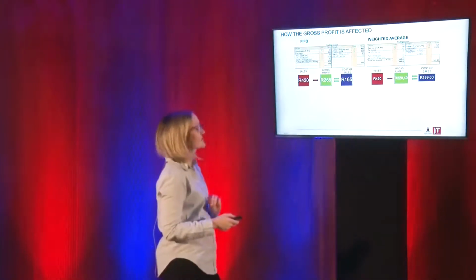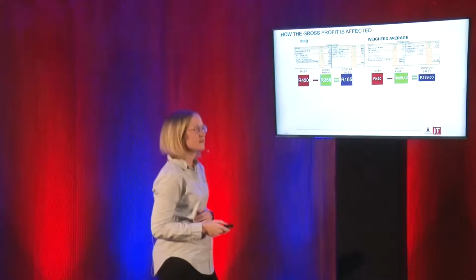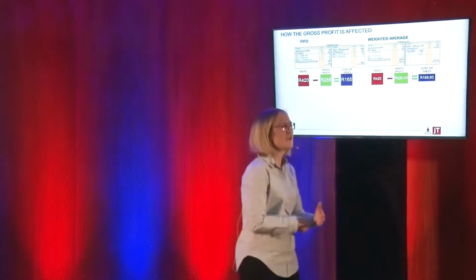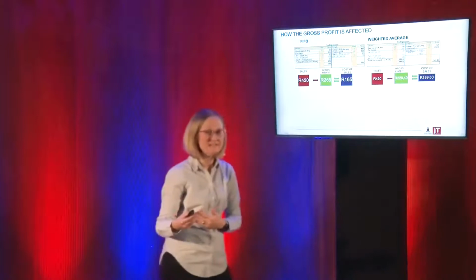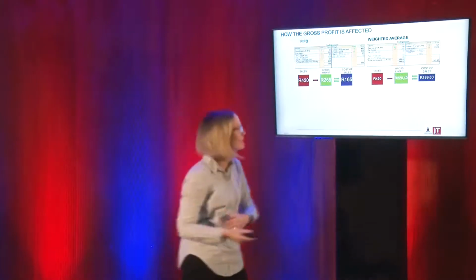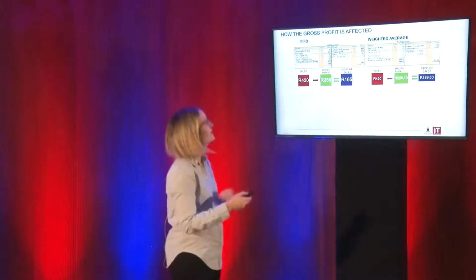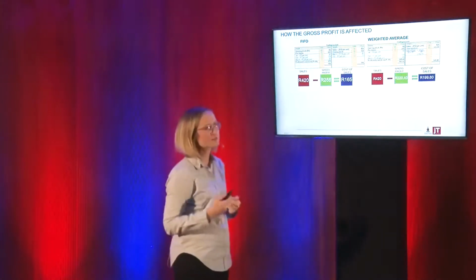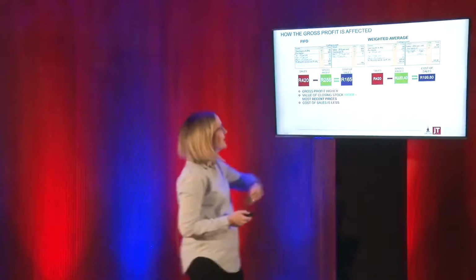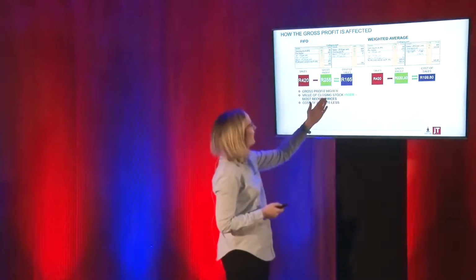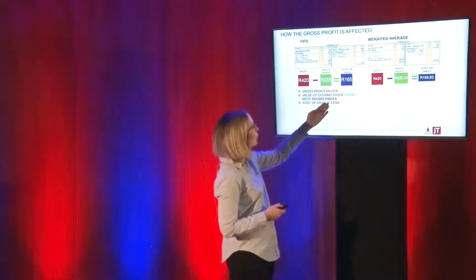A common question asked is, the owner wants to change from FIFO to weighted average or from weighted average to FIFO. So if you just look at this, how does that affect the gross profit? In FIFO, we would have a higher gross profit. Why?